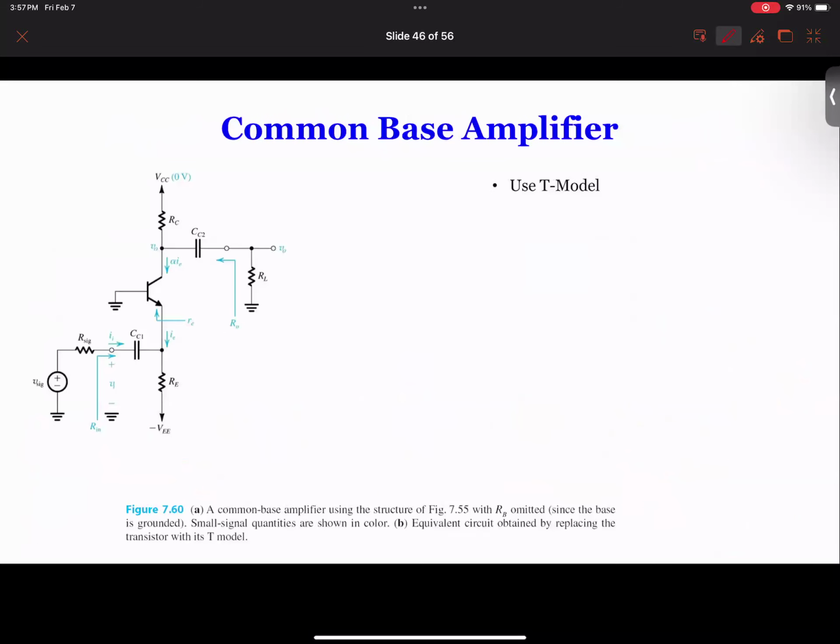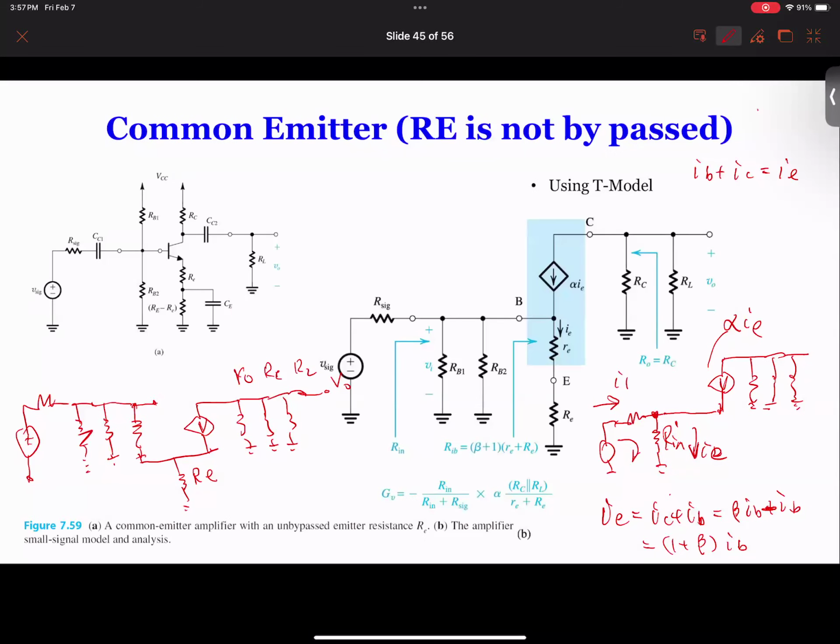Okay, so if I wanted to further find the voltage over here, I can have this voltage VE equal to IE times RE, right?